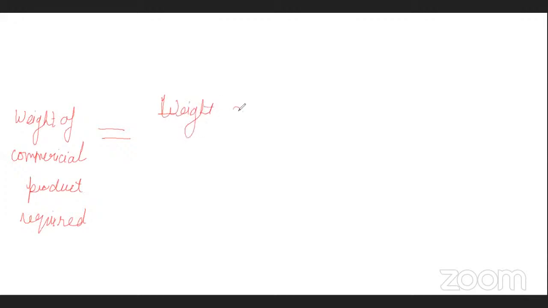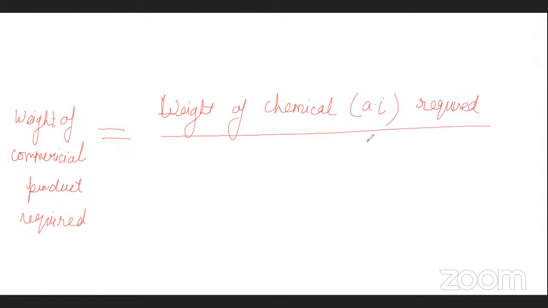we will calculate that the weight of commercial product required will be equal to the weight of chemical which is required in the form of active ingredient, divided by percent expressed as decimal.